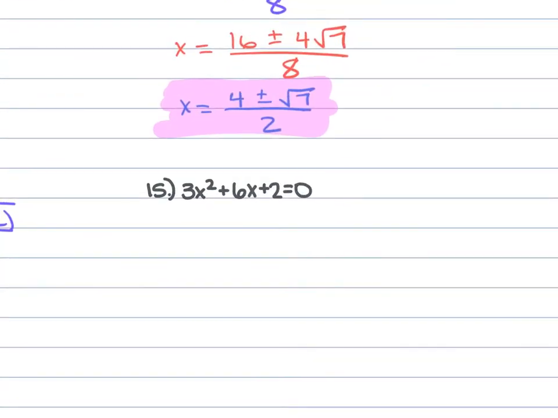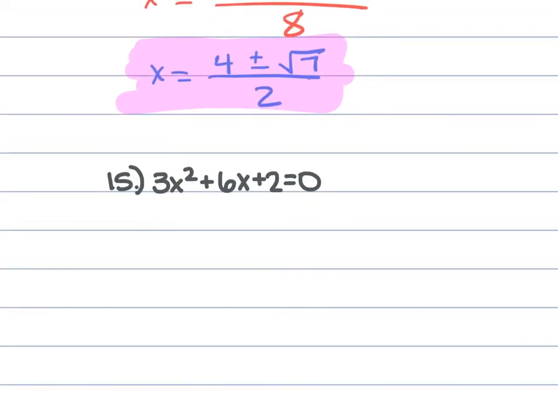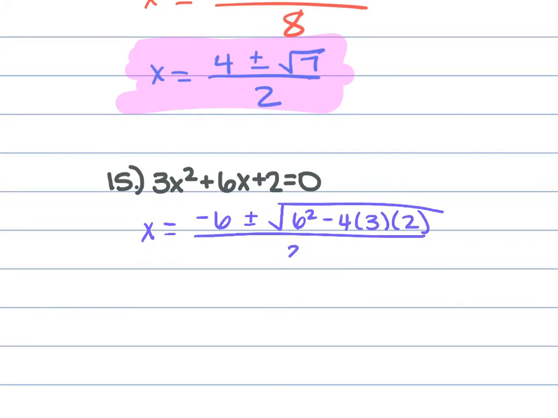For 15, we have 3x squared plus 2x plus 2 is equal to 0. So our a is 3, our b is 6, our c is 2. I'm just going to use my quadratic formula. So x is equal to negative 6 plus or minus the square root of 6 squared minus 4 times 3 times 2 all over 2 times 3. So x is equal to negative 6 plus or minus the square root of 36.